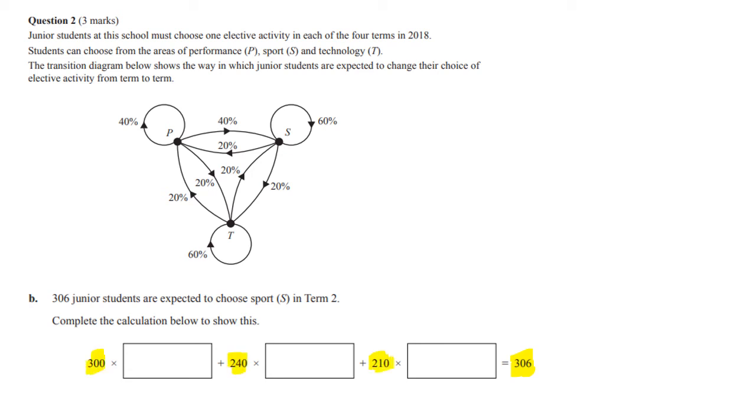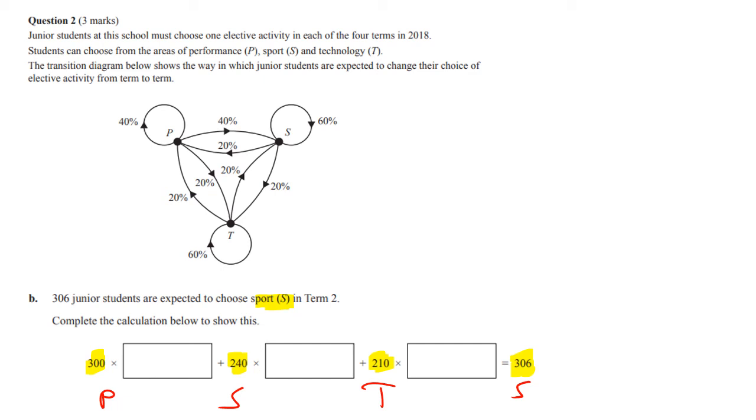Well, it's quite likely that that's going to represent P, S, and T. So if we're starting at P, and we're trying to go to S because it said that was what we're doing, we got S was 306.